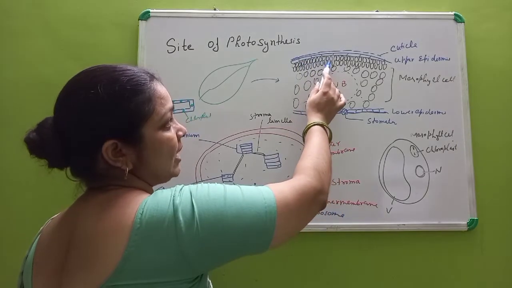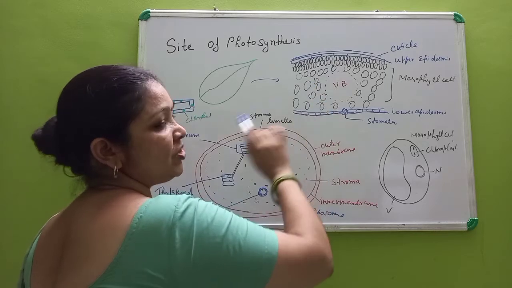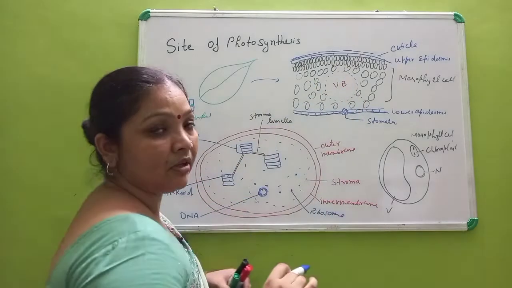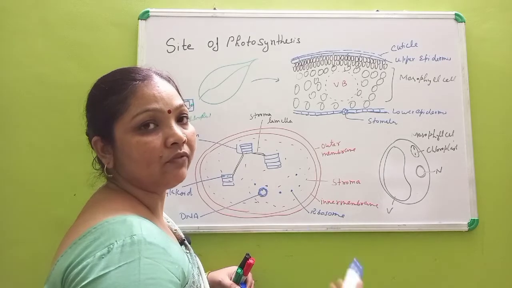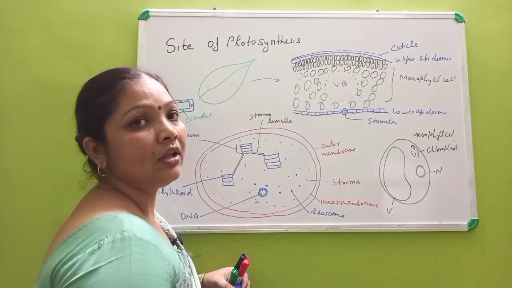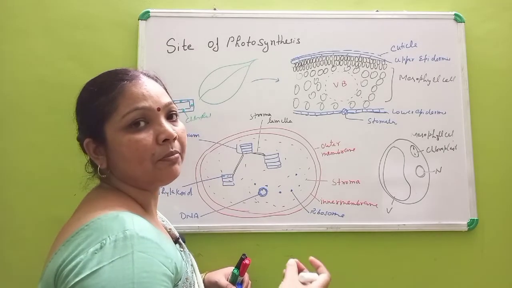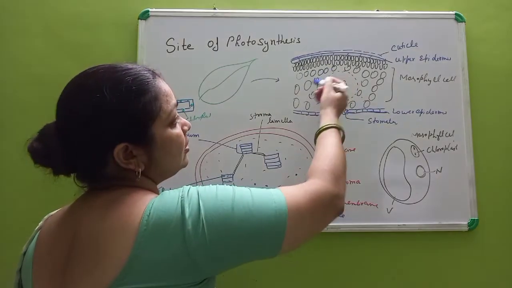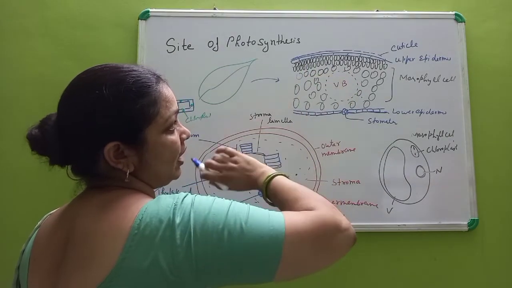One is palisade parenchyma and the other is spongy parenchyma, and in between them the vascular bundle is present. As we know, the size of the vascular bundle present in the section depends upon which vein is cut. So this is the spongy parenchyma.